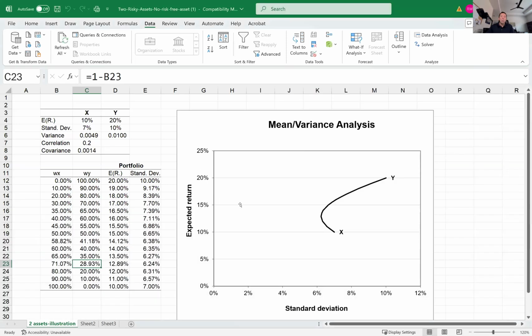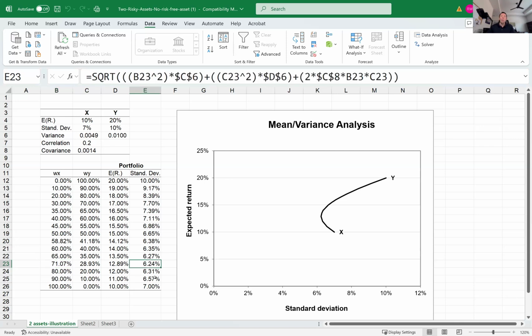The solution was pretty close to 70%, as we knew it would be. It's 71.07%. This still says 6.24%, but if you took it out more decimals, we'd see that it's actually a little bit lower than it was before.